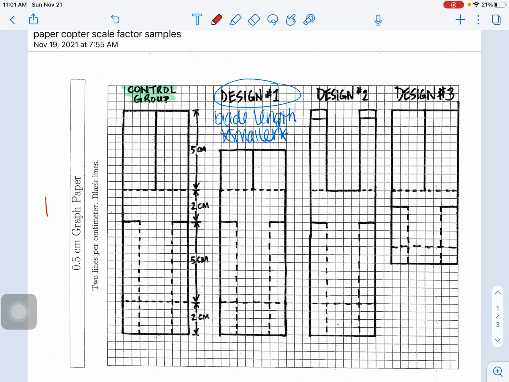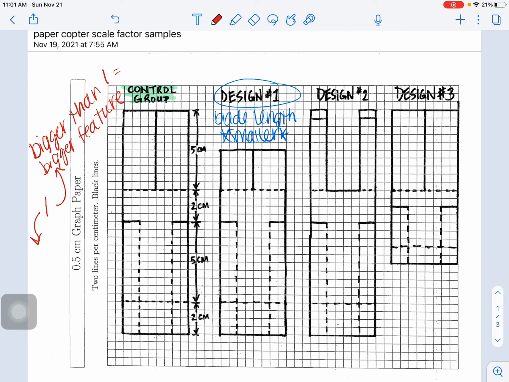Okay, so when we're talking about scale factor, remember we talked about how if the scale factor is bigger than 1, it means that the feature that we're talking about is getting larger. Okay, so bigger than 1 equals bigger feature, right?